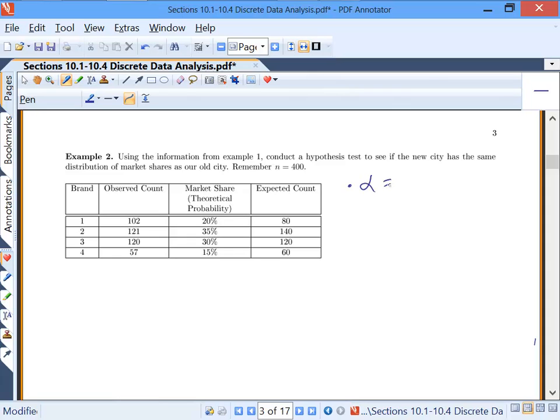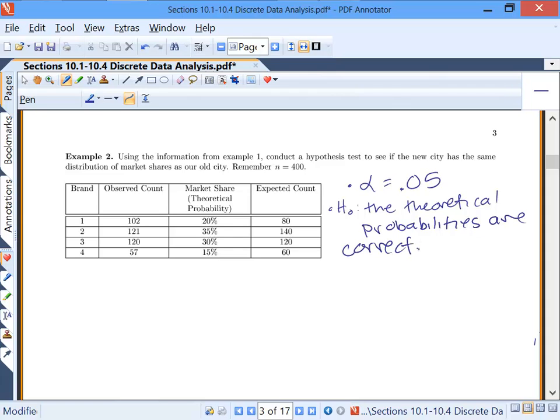So let's start off by picking an alpha level. We don't have any specific rules, so let's just go with 0.05. And we've already written down our null and alternative hypotheses once, but let's just practice it. So the null hypothesis could be that the theoretical probabilities are correct, with the theoretical probabilities being 20%, 35%, 30%, and 15%.